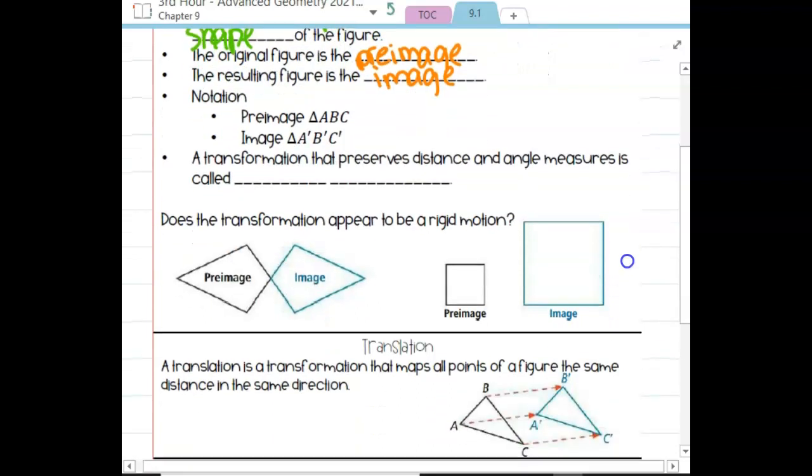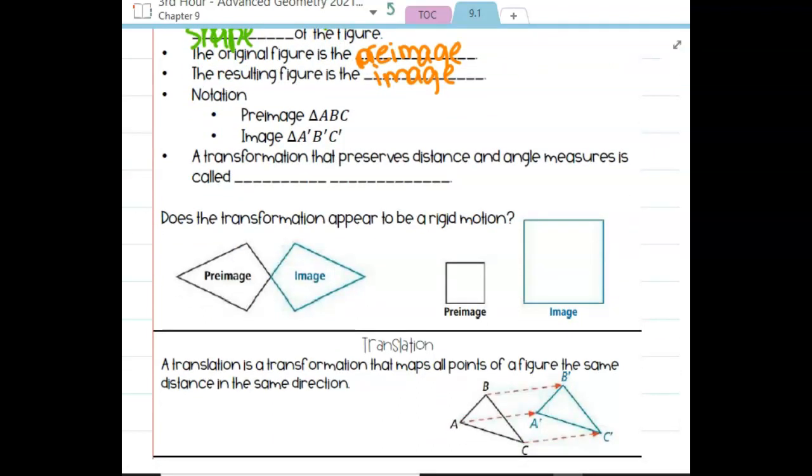How we're going to use notation to show the difference is what's called prime notation. If we have triangle ABC, instead of giving the image a brand new name like XYZ, we're just going to use prime notation. So if the pre-image is triangle ABC, the image we might call triangle A prime, B prime, C prime, which is noted by those apostrophes there.